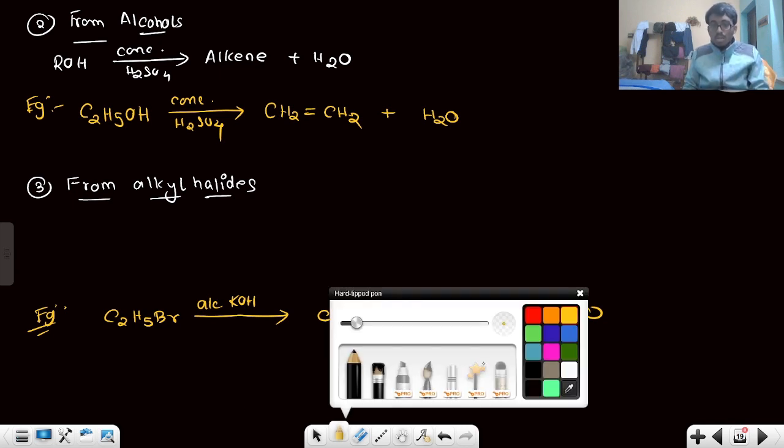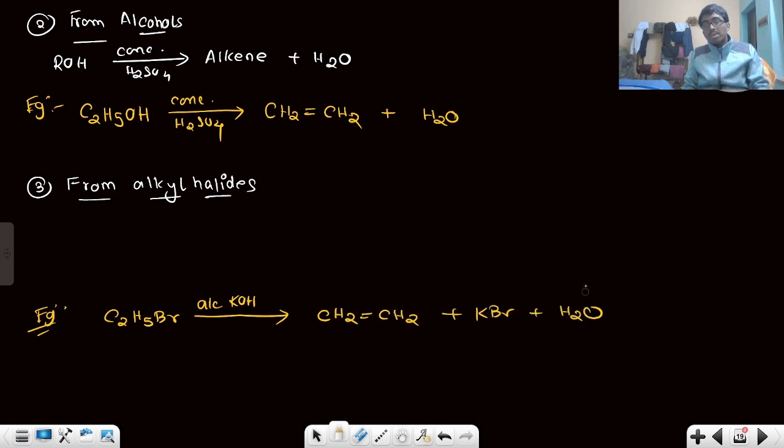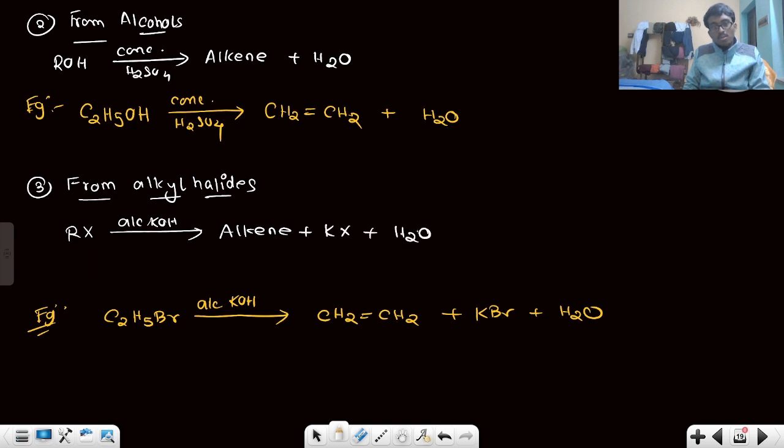So please do not miss that. So if it is something like RX and you use alcoholic KOH, then you will get an alkene along with KX plus water. Okay, clear? Alkyl halide clear?